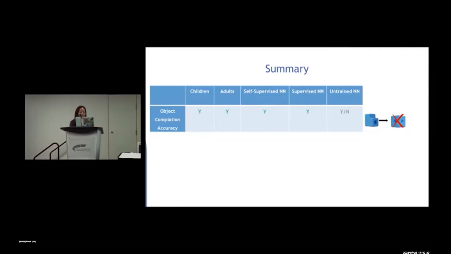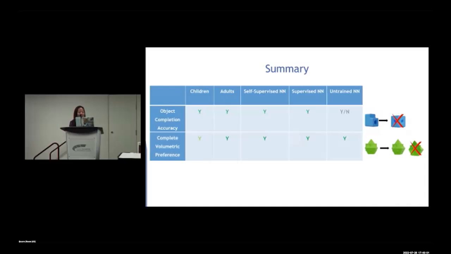To summarize what we found from all of these studies so far: children, adults, and neural networks show a high, above-chance object completion accuracy. This is just out of the trials that were chosen, how many times you did not choose an impossible distractor as opposed to other possible options. It also seems that children, adults, and neural networks could represent objects from limited viewpoints as complete volumes as opposed to incomplete volumes.